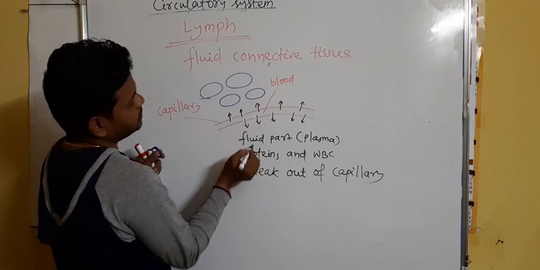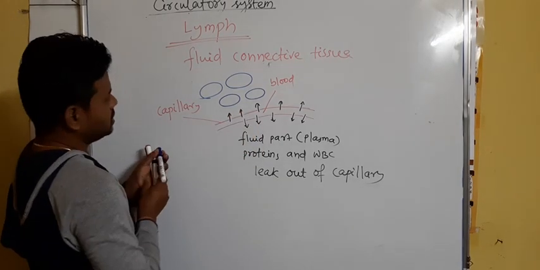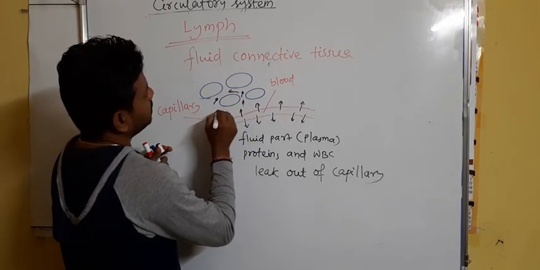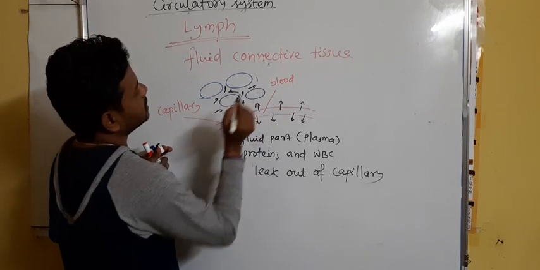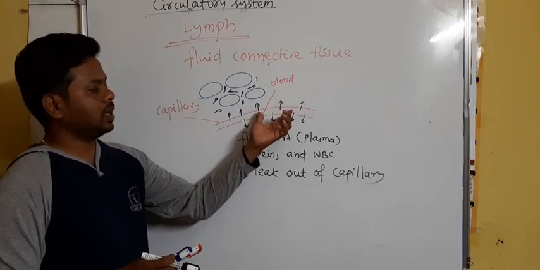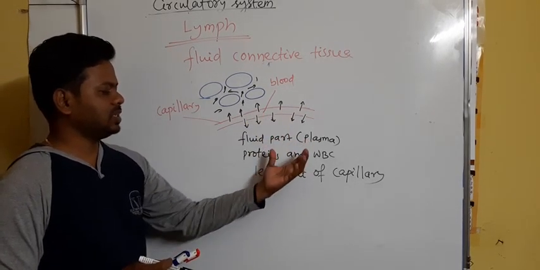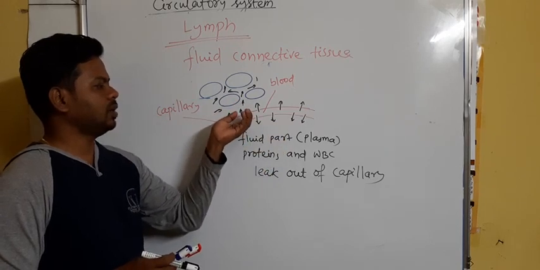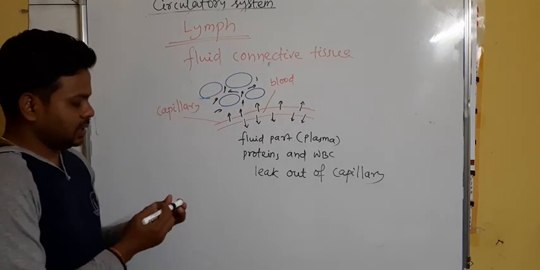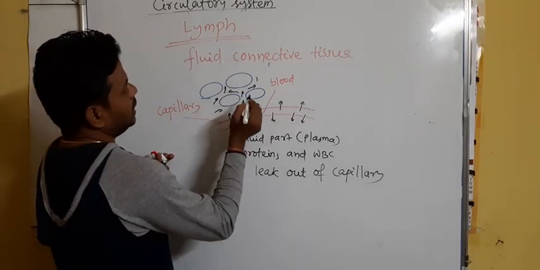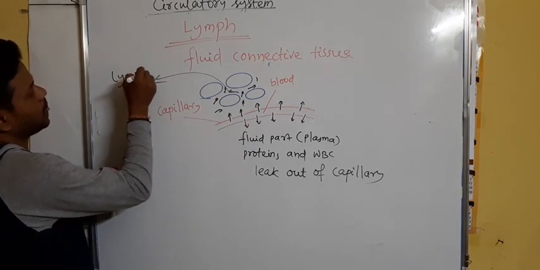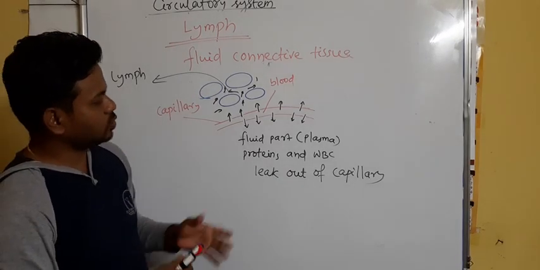When these things leak out, they are present in the space between the cells. So this liquid part of the blood, that is plasma, proteins and WBC, when they come out from the blood capillaries and are stored in the space between the cells, is called lymph. It means lymph is also a part of blood.